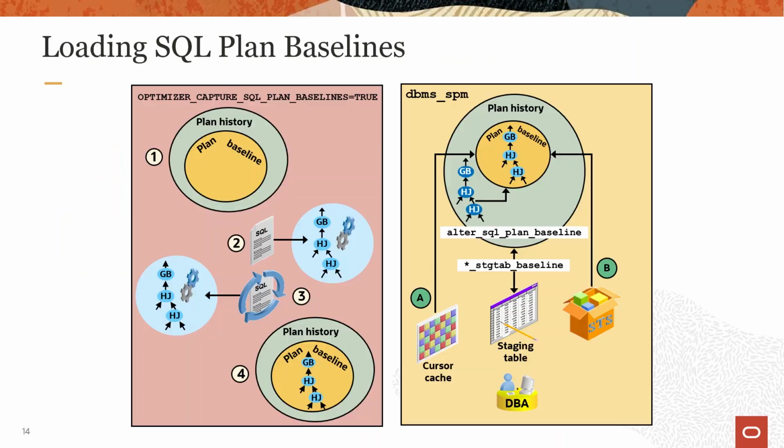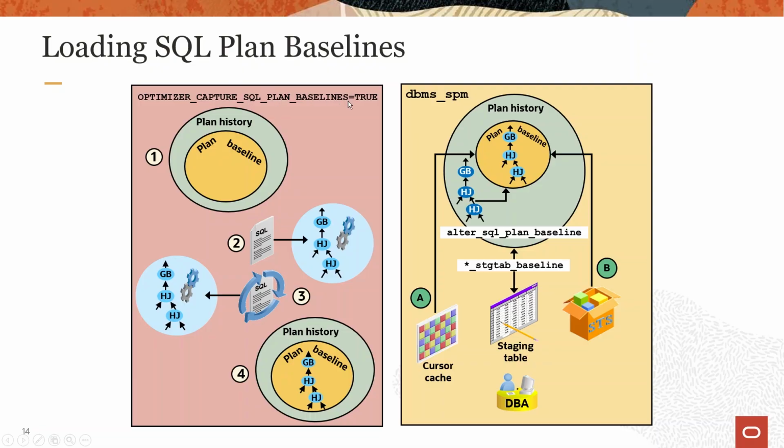Now there are two ways of capturing execution plans or placing execution plans in the plan history of an SQL statement. You have on one hand the technique of automatically capturing execution plans that are generated by the optimizer. And that's by means of setting the parameter optimizer_capture_sql_plan_baselines to true.